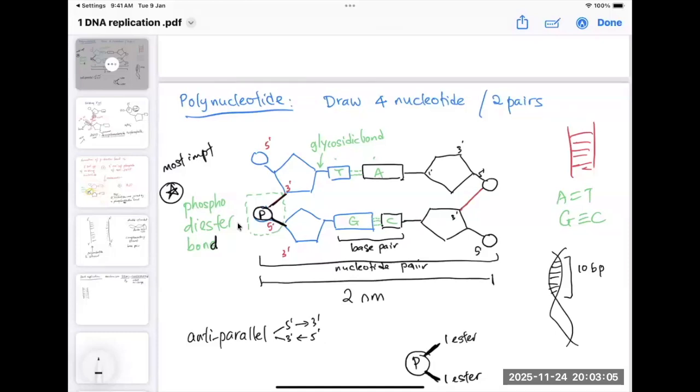So what you learn from here is your vocabulary must be exact. You cannot say nucleotide pair when in your mind you mean these two bases and expect the other person to think of these two. This is about communication.